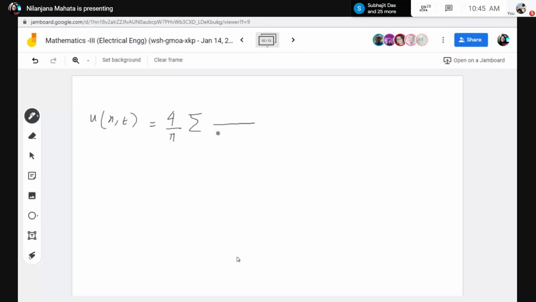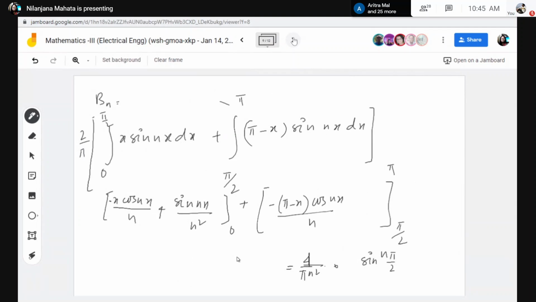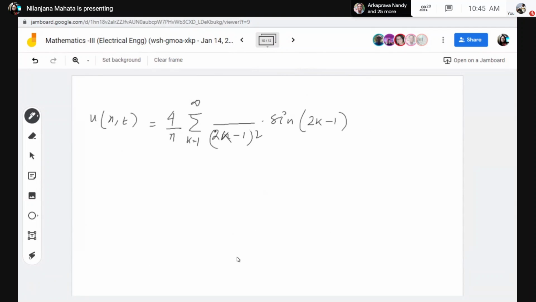So I may write n as 2k minus 1, with k equal to 1 to infinity, 1 over 2k minus 1 square, sine nx, e to the power minus n square t, where n square is 2k minus 1 square t, and there will be plus and minus.